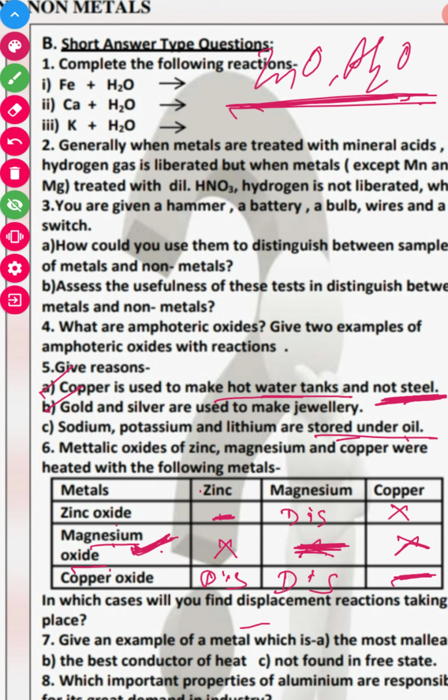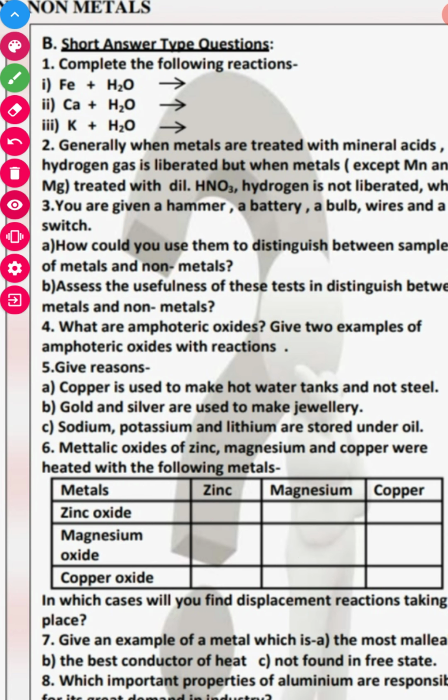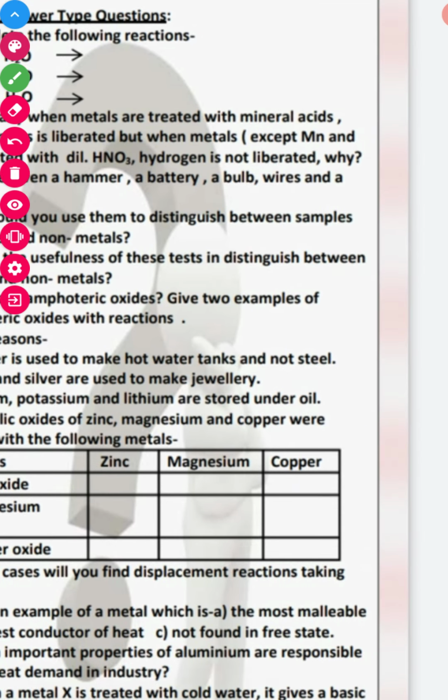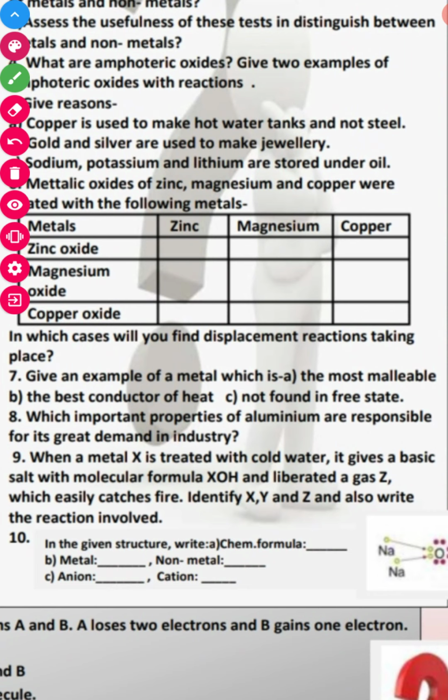Next question: give an example of a metal which is the most malleable. The most malleable metal is gold.